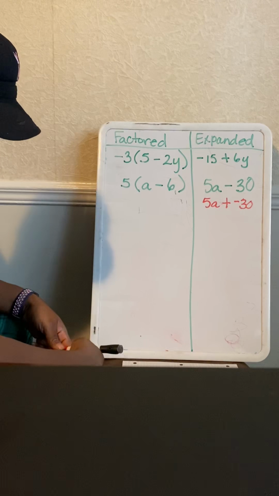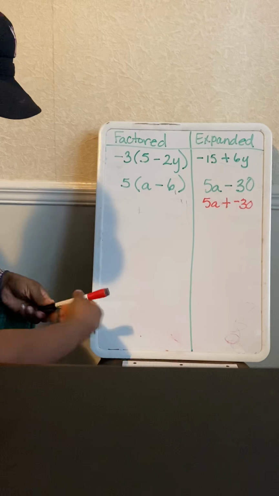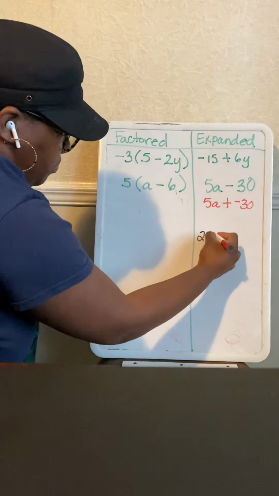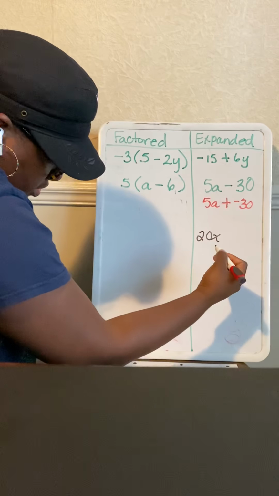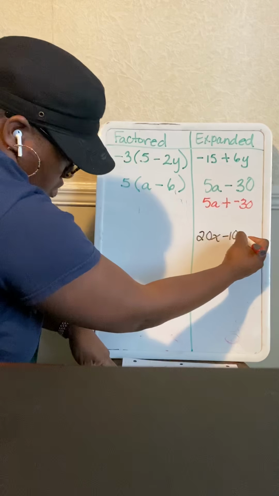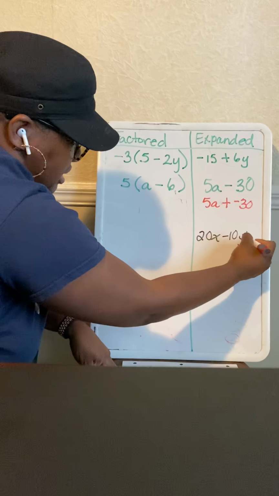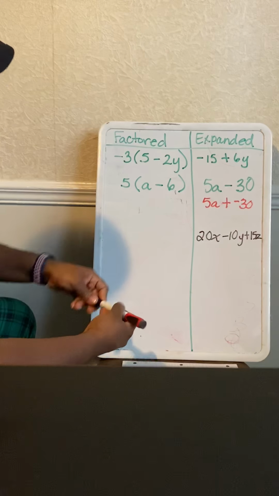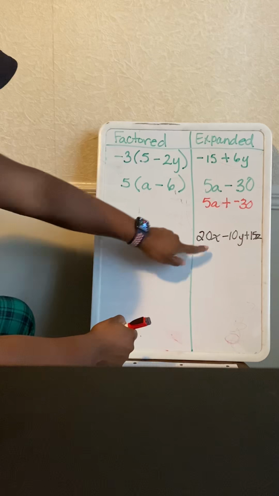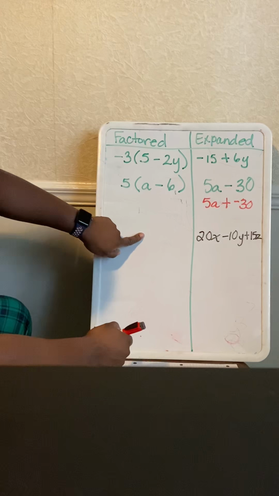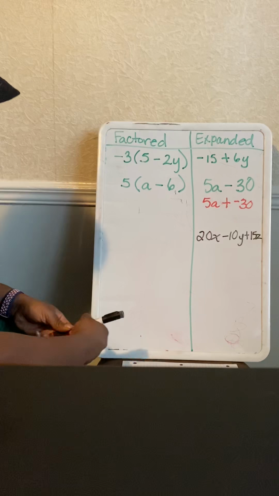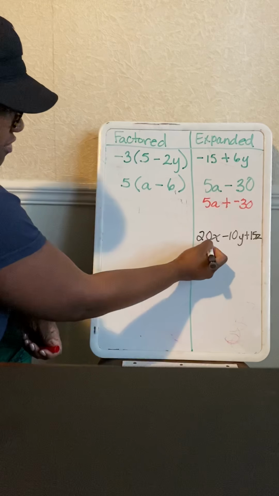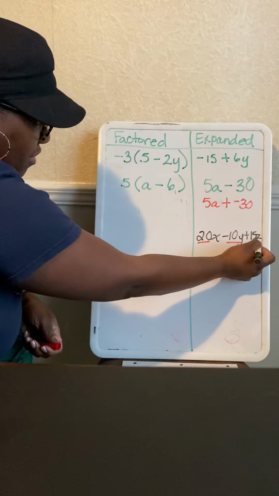I'm going to look at the one that actually has 20x minus 10y plus 15z, and that was one of the ones in the expanded form. And so now I have to get it to the factored form. When you deal with factors, first of all, you have 3 terms.